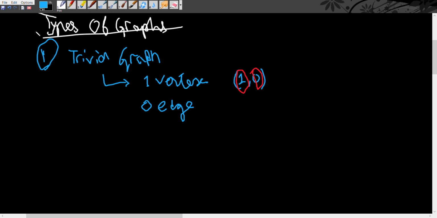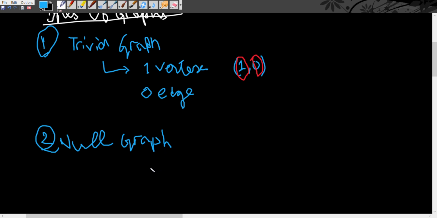The second type is a null graph. As the name may probably suggest, this is a graph which has P vertices, where P is any positive integer, and zero edges.